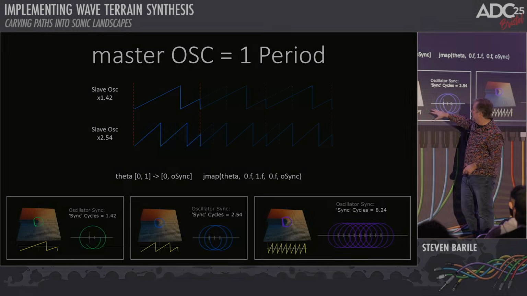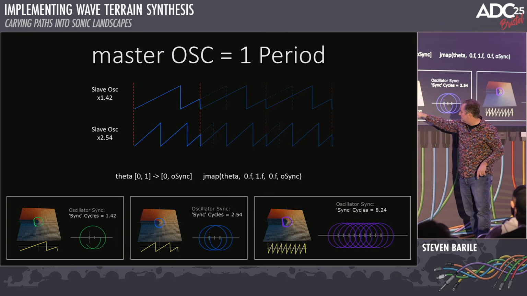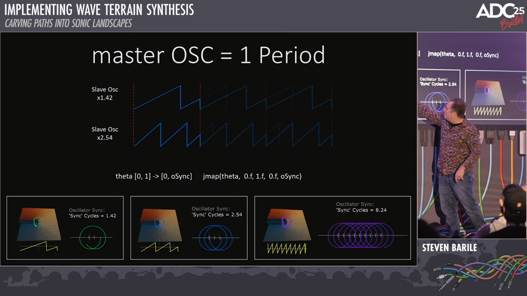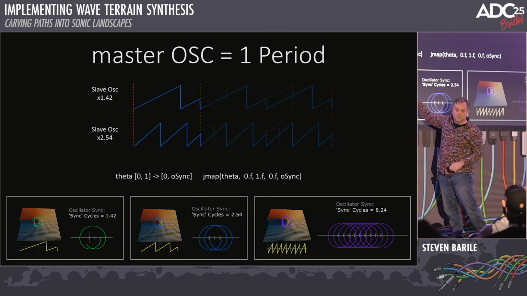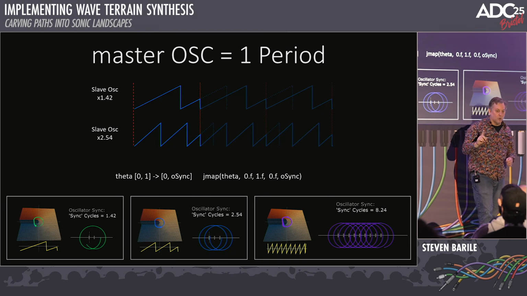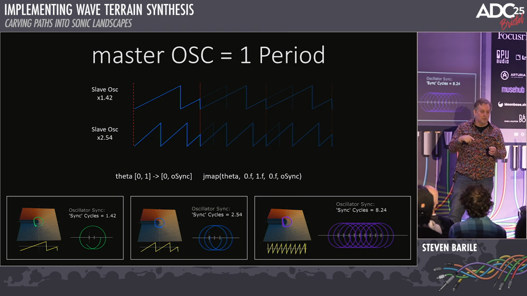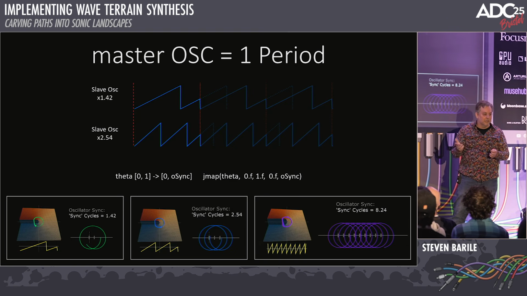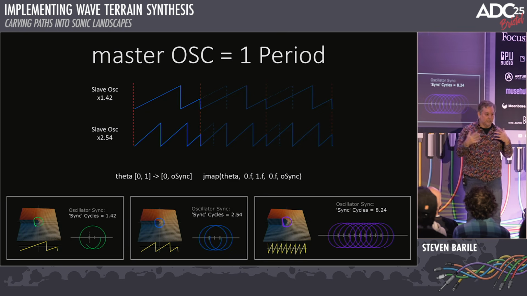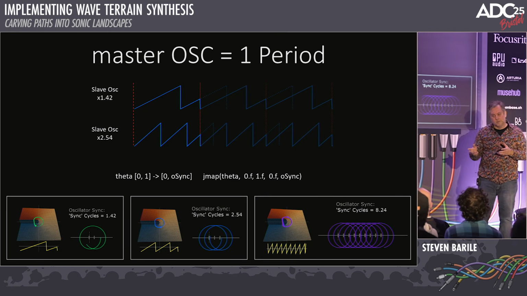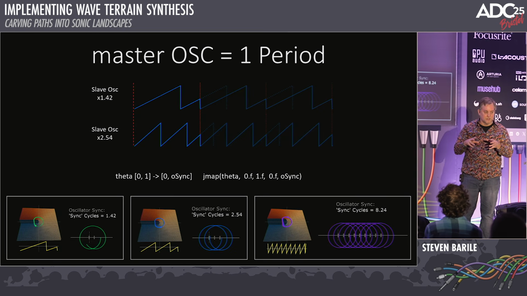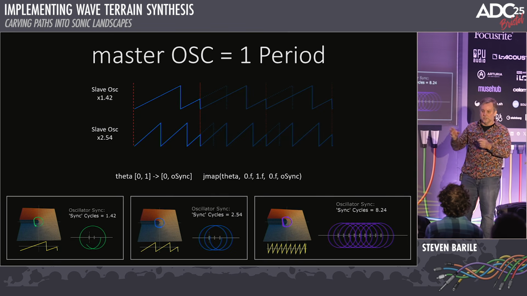At 2.5, you get the same idea, but I'm going around 2.5 times for every time I'm supposed to go around once. So you just multiply the phase angle by 2.5, and that gets you an oscillator sync. I thought that was really interesting that some of these things in analog synthesis are created by multiple oscillators, but you could do it just with a math game.